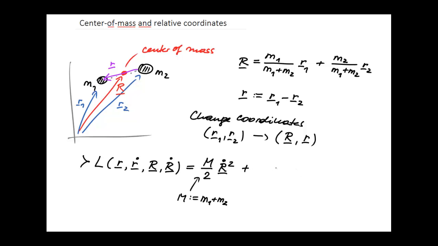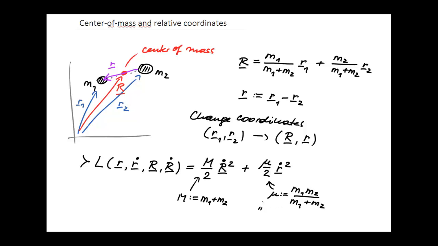So there's a term proportional to little r dot squared, the relative velocity squared, and the factor in front is mu over 2, where mu is defined as m1 times m2 divided by m1 plus m2.